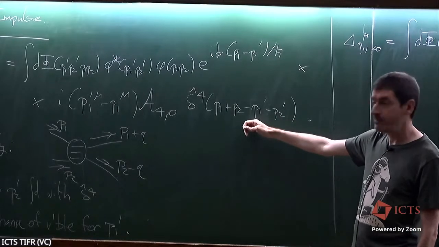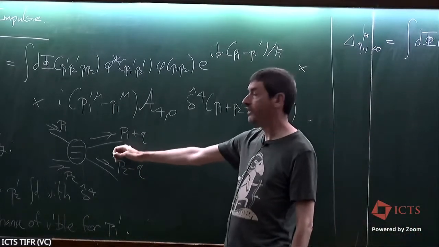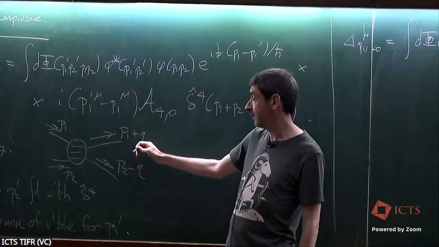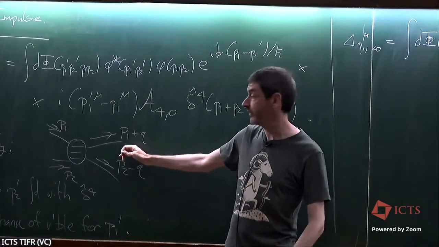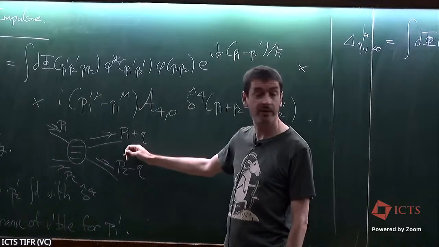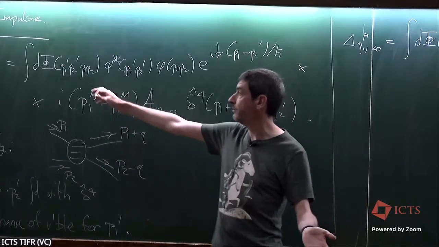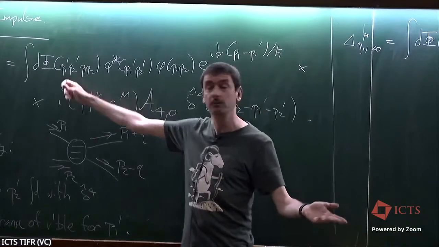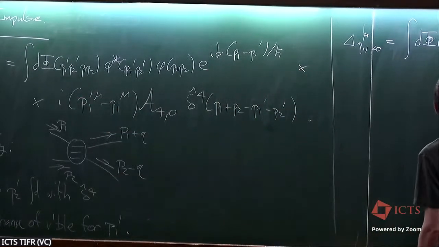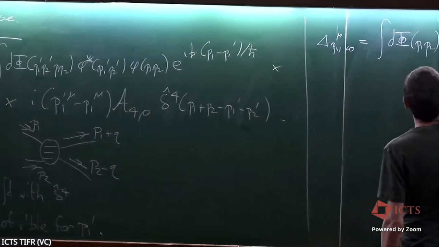Then I'm going to define P1 prime by introducing Q, so that P1 prime is equal to P1 plus Q. So I'll have an integral over Q left over. That'll be the remainder of the P1 prime integral. So I have a Q integral to do.